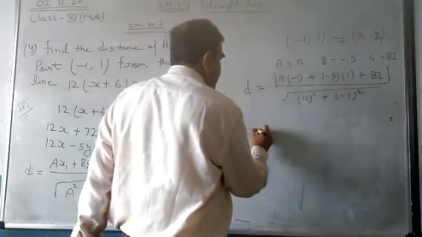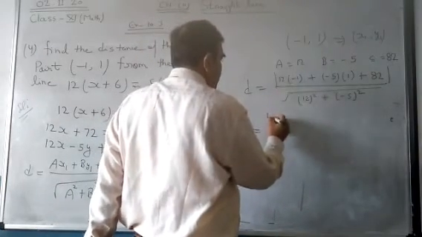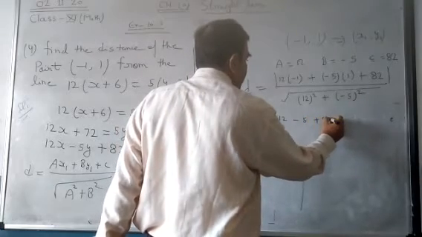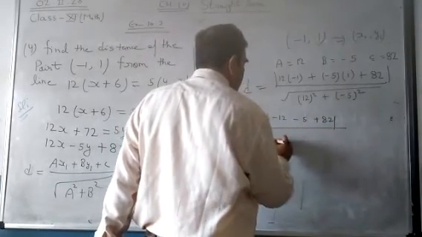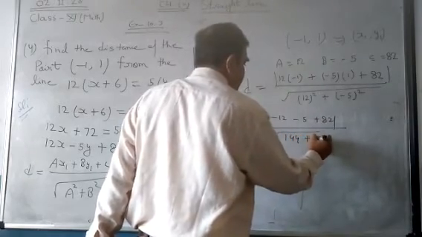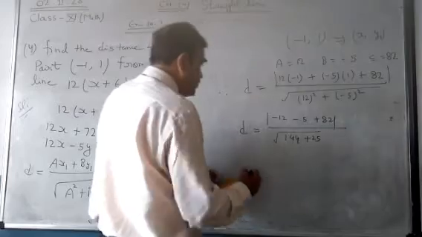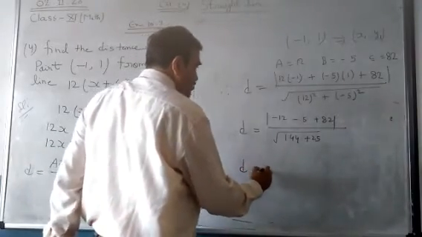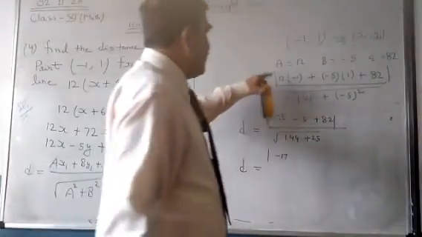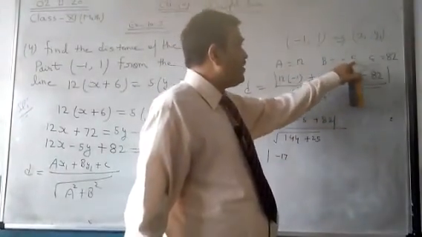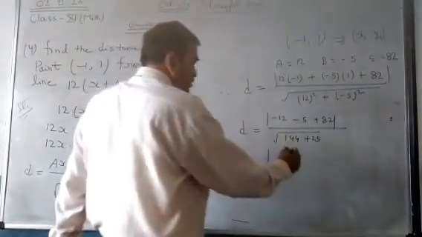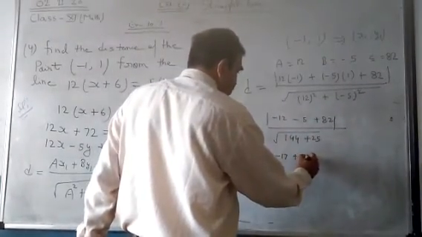So D equals mod of minus 12 minus 5 plus 82 upon under root 144 plus 25.